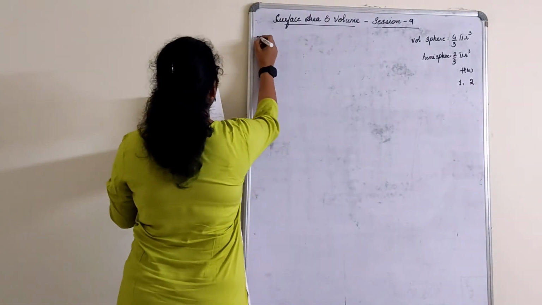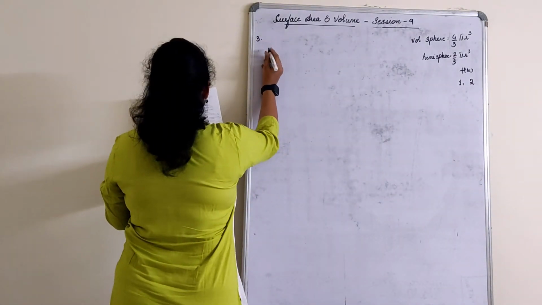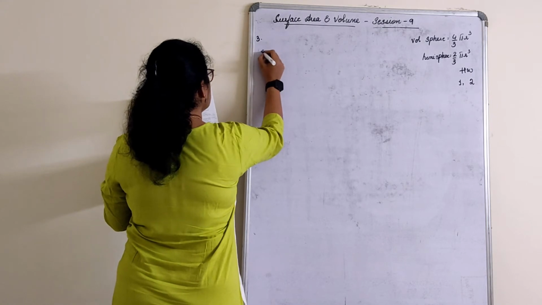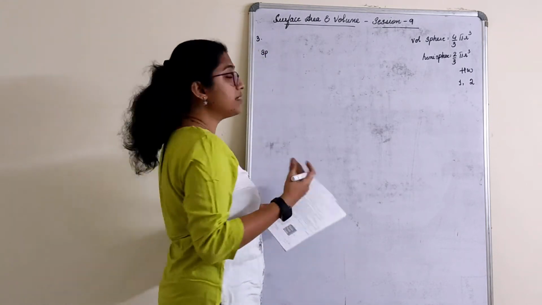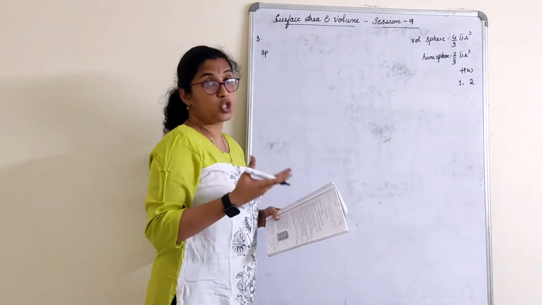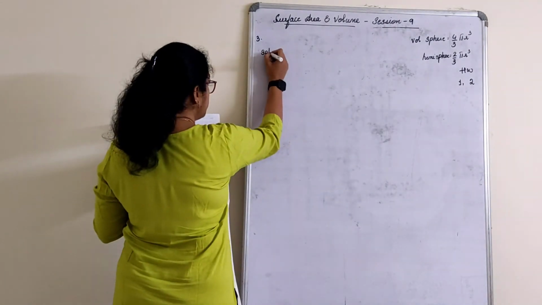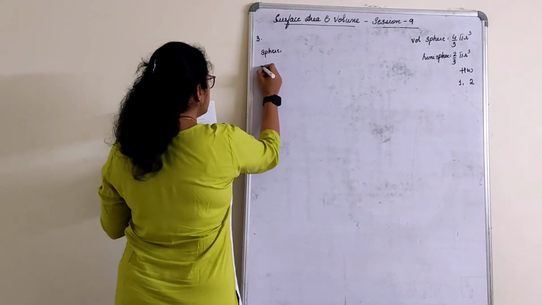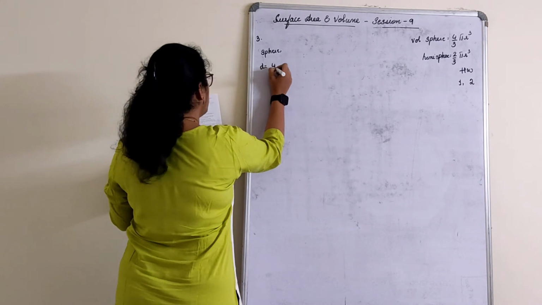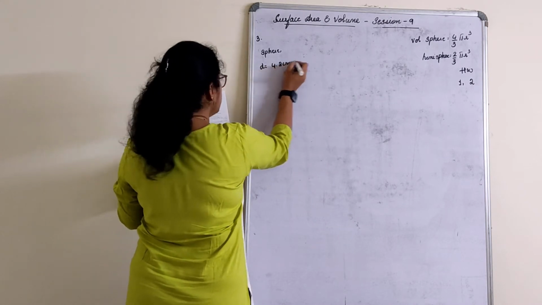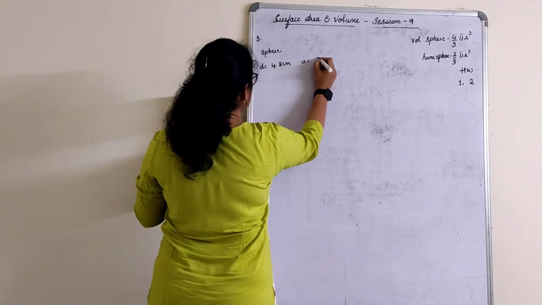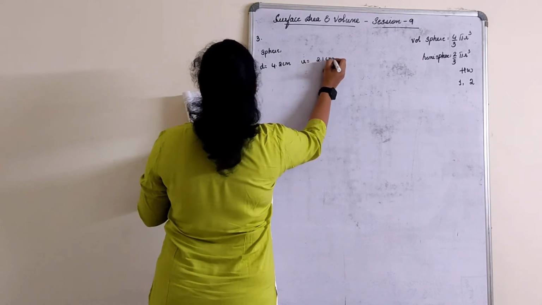Next, the third one. The diameter of the metallic ball, so this is a sphere, because we have some problems based on sphere and some on hemisphere. The diameter of the metallic ball is 4.2 centimeter, therefore its radius is 2.1 centimeter.